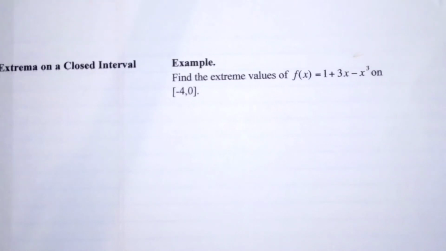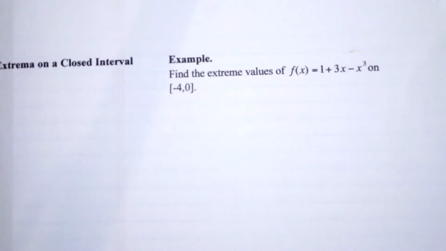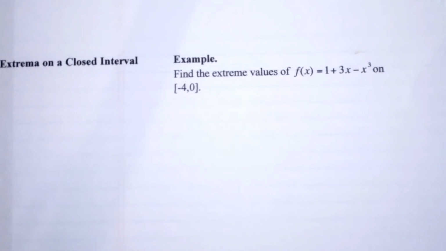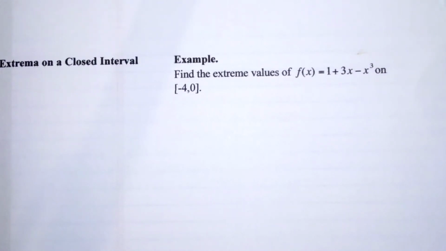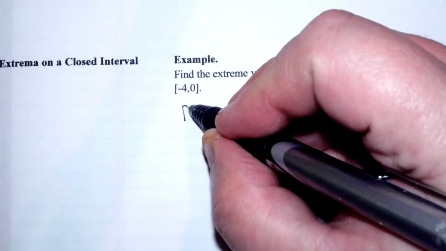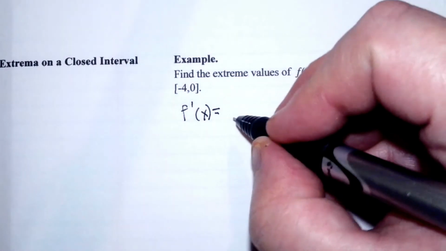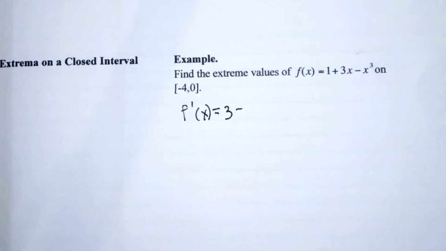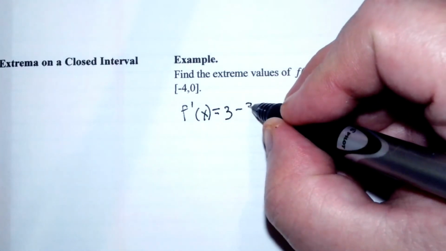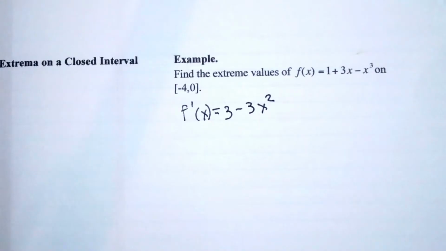Find the extreme values of f of x equals 1 plus 3x minus x cubed on the closed interval from negative 4 to 0. So what we need to do first is find the derivative and then look for critical numbers that lie on the interval from negative 4 to 0. So f prime of x is 3 minus 3x squared.